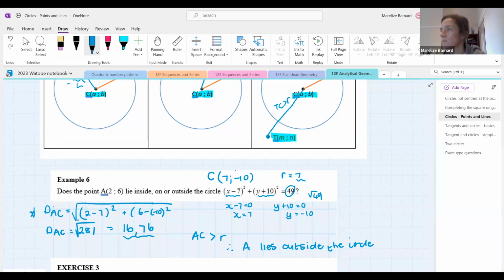Oh, okay. Thank you. Yes, C is 7 and -10. I substituted it in here. So just remember when you sub in a negative, it's 6 minus -10. Just put it into your calculator and you'll see that's what you get.